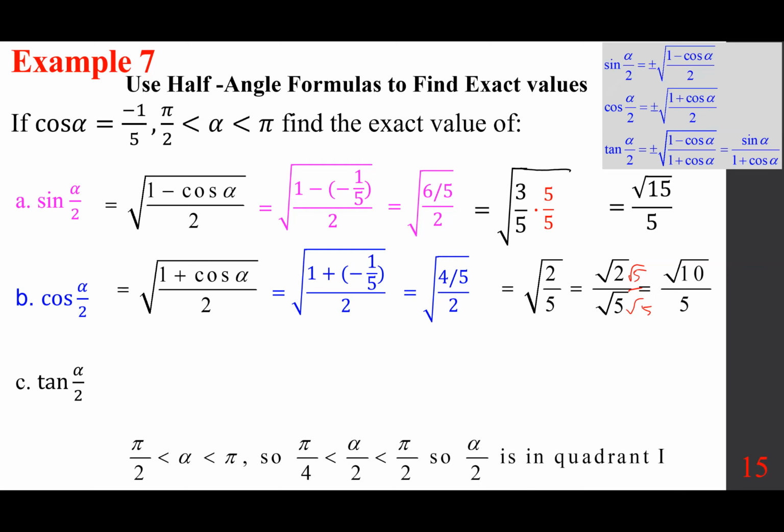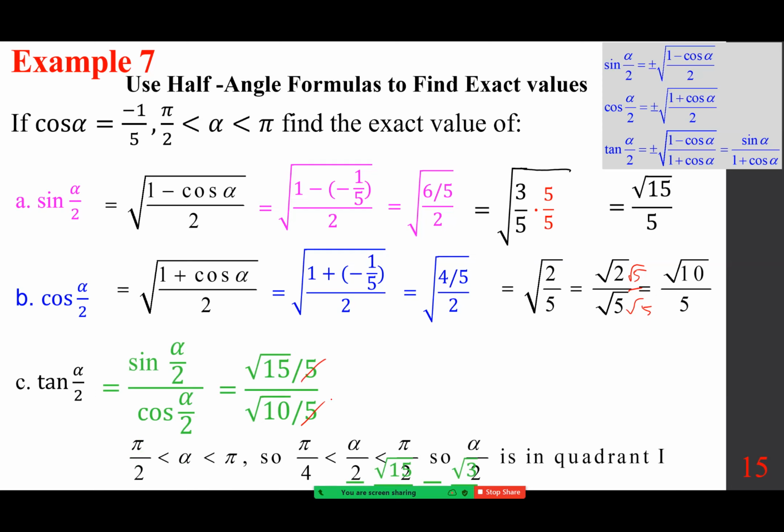Now, in order to find tangent, all you have to do is divide sine by cosine. That is the fastest and easiest way. Obviously, the denominators are 5 and we can drop it.